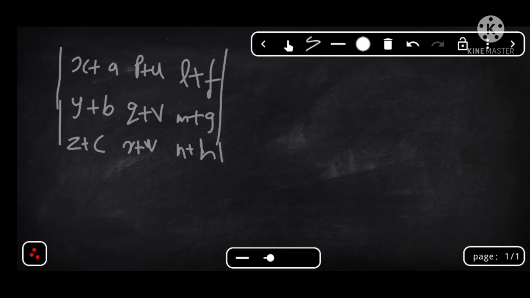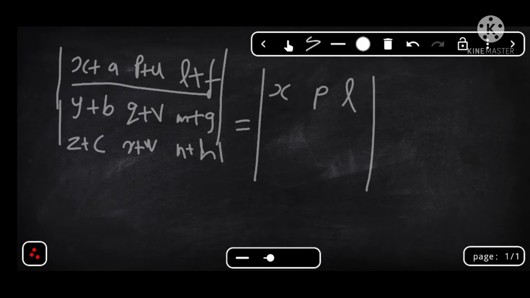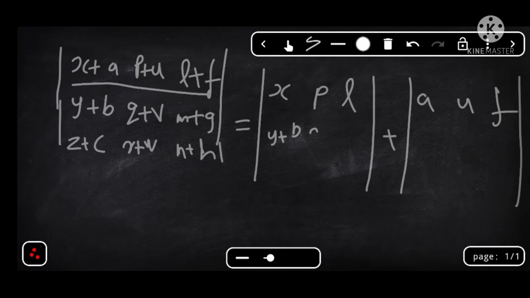So first of all I am going to split the first row. Okay, so when I split the first row, x p l, then a u f, then the remaining terms y plus b, q plus v, m plus g, z plus c, r plus v, n plus h.